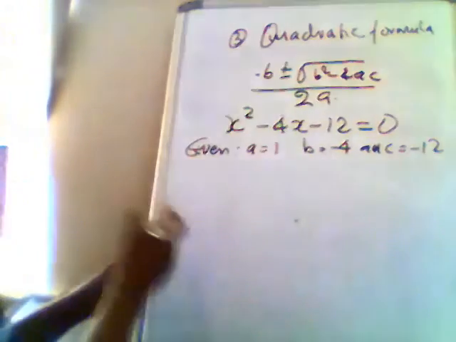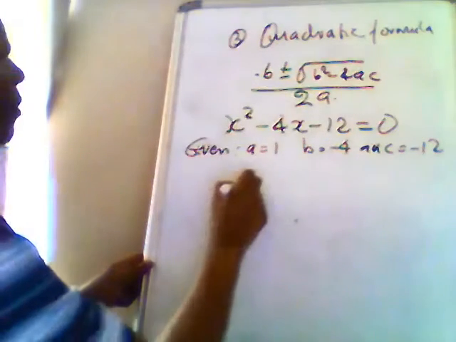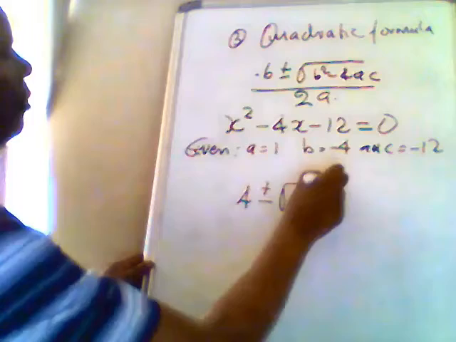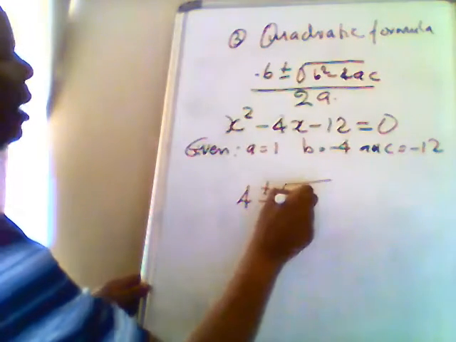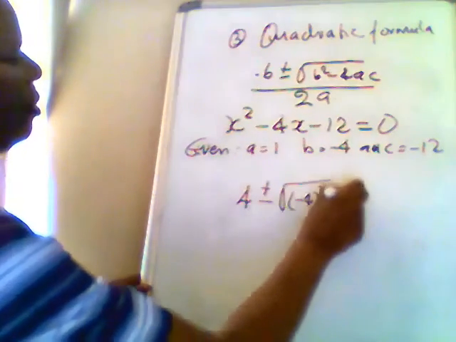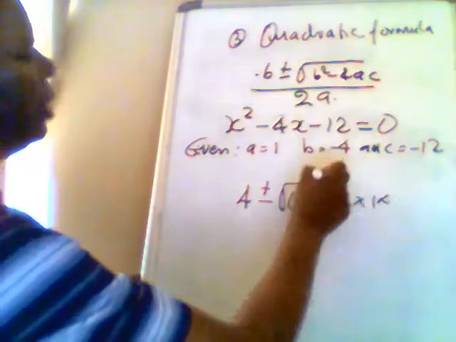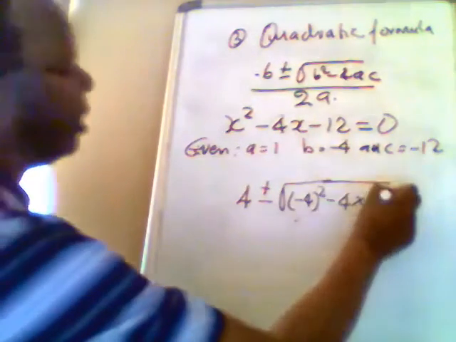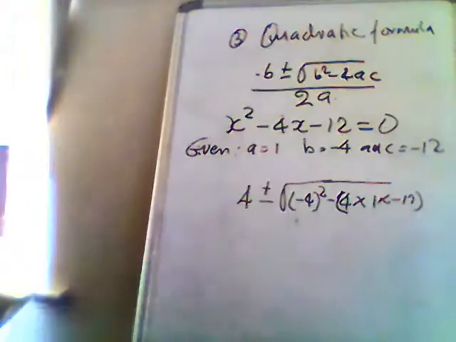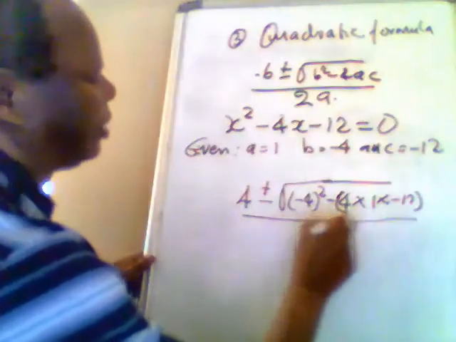I have minus b, so minus times minus is going to give me 4. So 4 plus or minus the square root of (minus 4) squared minus 4 times a, which is 1, times c, which is minus 12, putting them in brackets, and then over 2 times 1.